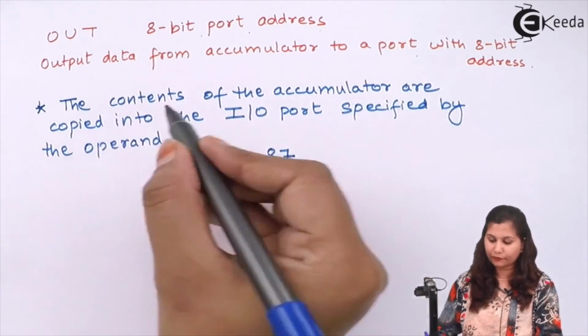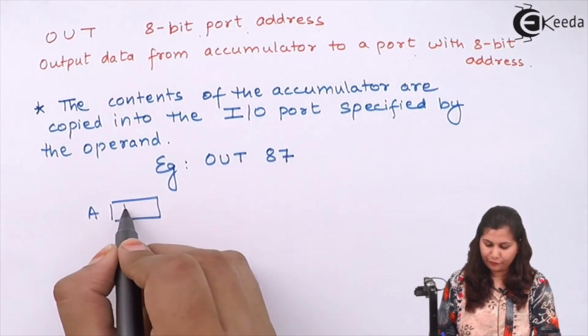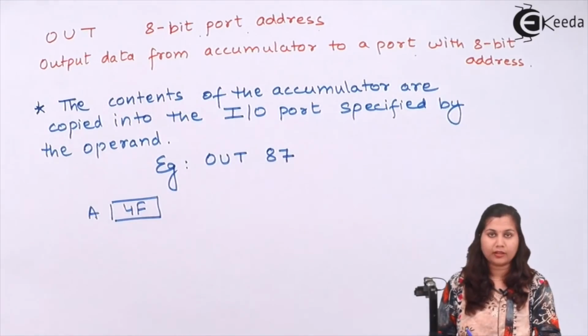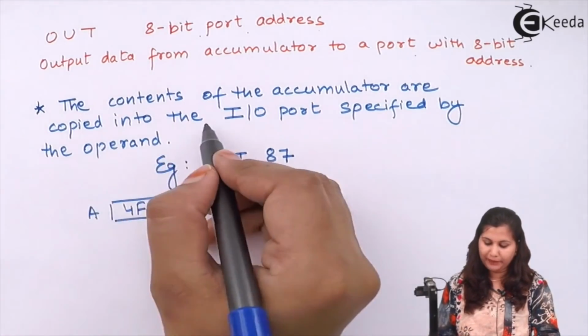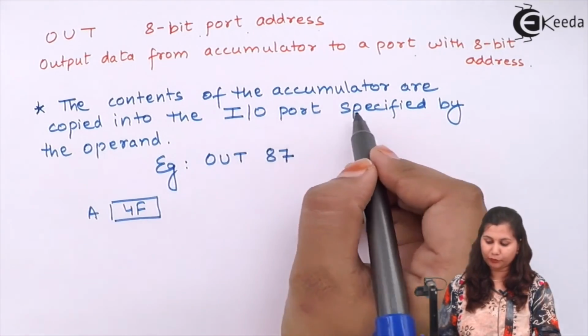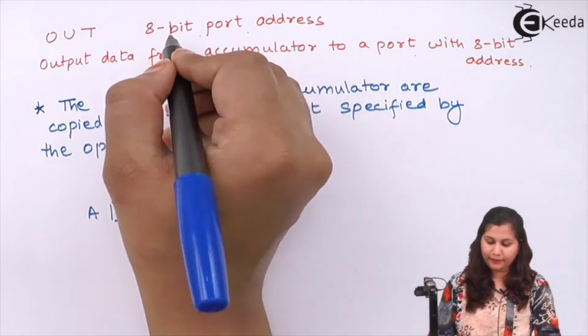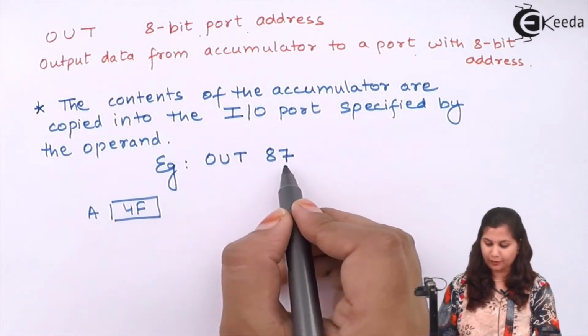Suppose in the accumulator we have the number 4F. This number will be copied into the input output port, whose address is specified by the operand given in the instruction.